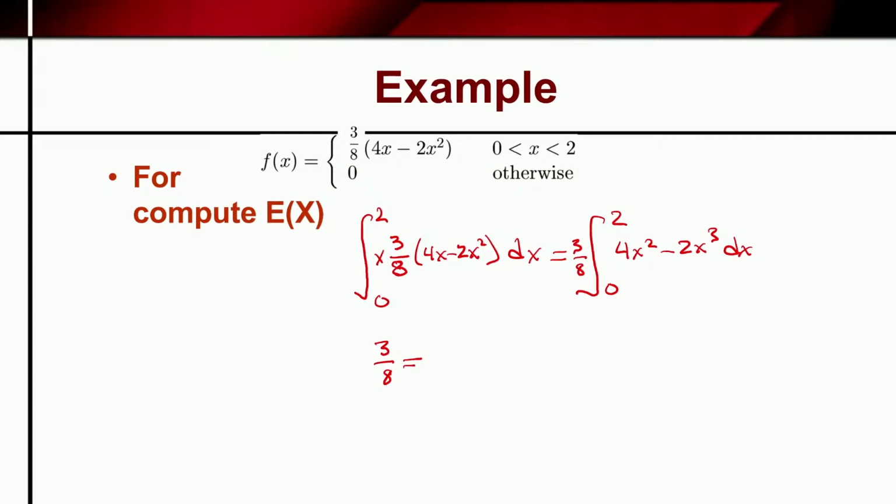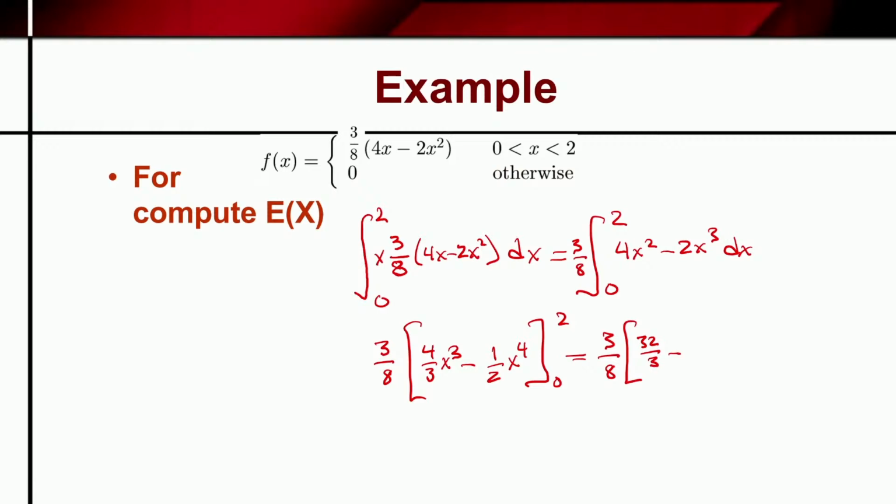Whoops, why did I put an equals there? So let's do this. This is going to be 4/3 x cubed minus 1/2 x to the 4th, evaluated from 0 to 2. And let's see if I can do this more carefully. So this is going to be 4 times 8, which is 32.